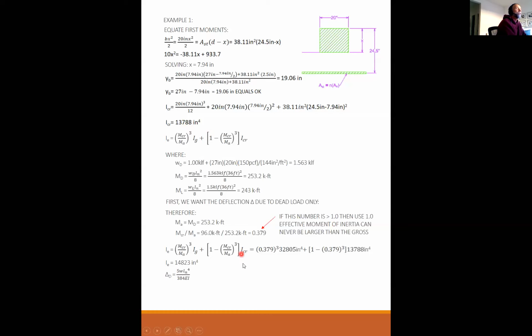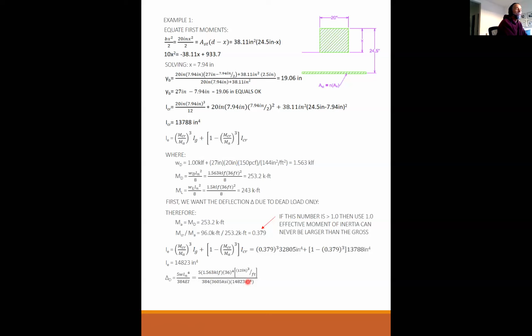So now my deflection, 5WL to the 4th over 384 EI. I just plug in all my values. My linear load is 1.563 kips per lineal foot. My span is 36 feet. But notice here, you have to put in this fudge factor because this is kips per foot, this is feet, and this is kips per square inch, and this is inches to the 4th.